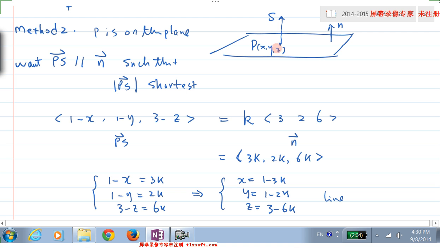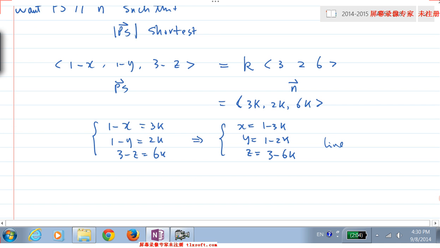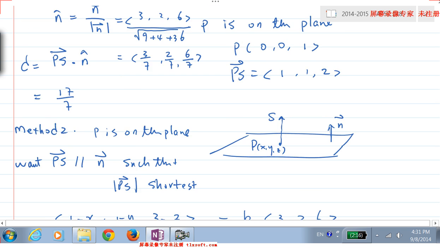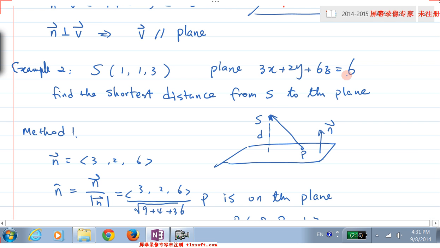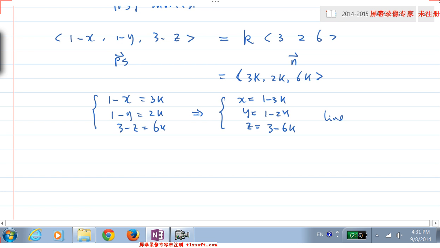Where is the point P? It's on the plane, right? So we can substitute this x, y, z back into the plane equation, because P has to be on the plane.